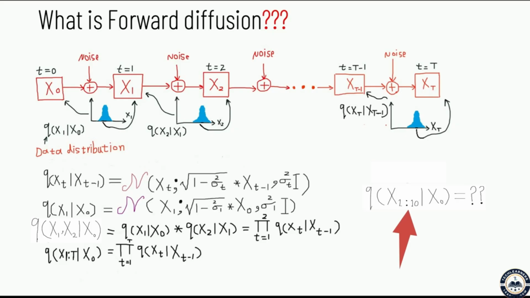By doing this, we will be able to find the distribution that we will use to get the value of x10 variable given x0. So in other words, when we increase the number of time steps, things will become more difficult. In the next lecture, we will talk about the reparameterization trick that we will use to solve this problem and find q of x10 given x0 directly.